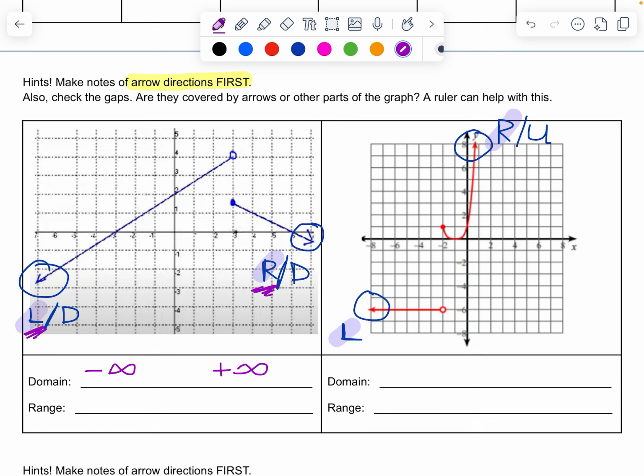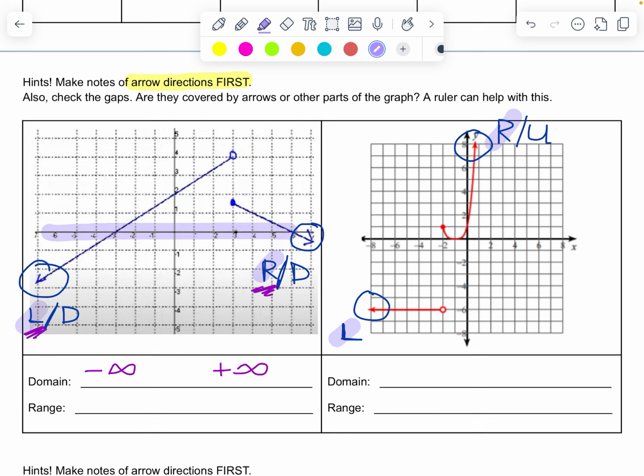The one thing we want to make sure that we do before we finalize things is make sure that we cover everything in between. Remember that domain is an X word, so I'm going to go ahead and highlight and make sure I understand that as I look on that purple highlighted line, there's a point somewhere above it or below it, and that is the case for this scenario.